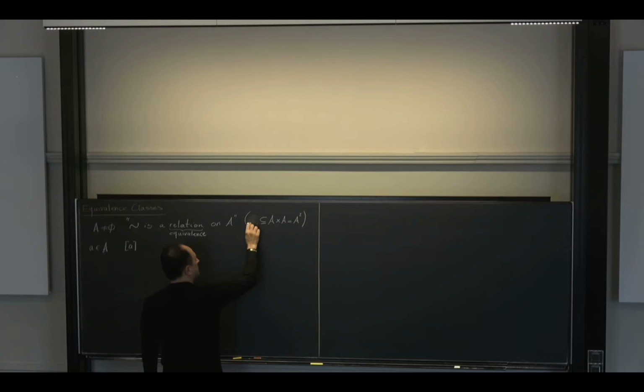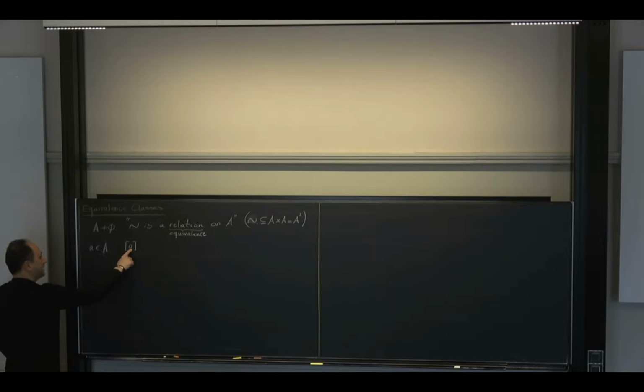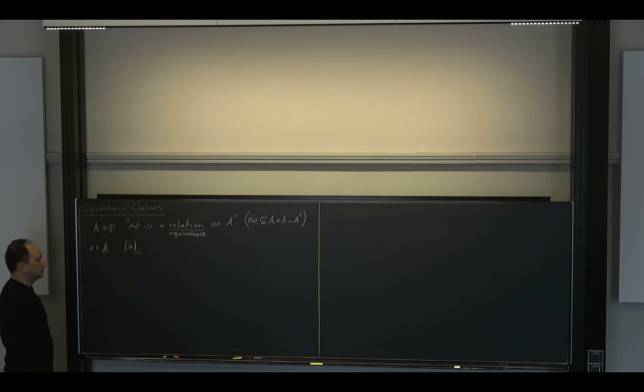Okay, so you say the equivalence class of an element within the set according to this equivalence relation. If you want to emphasize the equivalence relation as well, you equip it with a subscript of tilde here. Otherwise, if you already know which equivalence relation we are talking about, you don't need to put this.